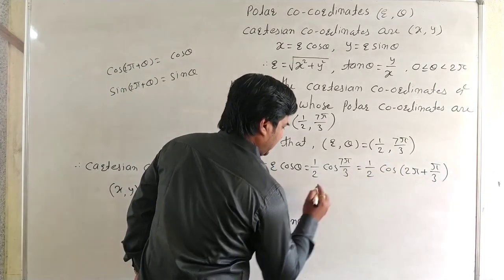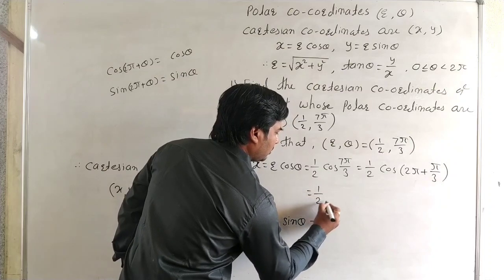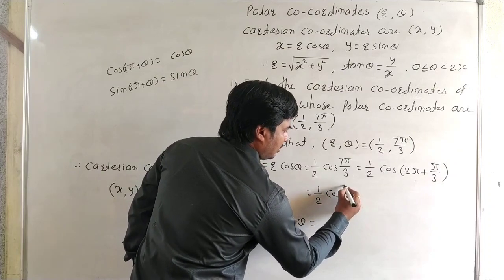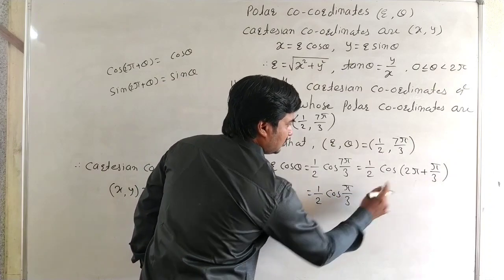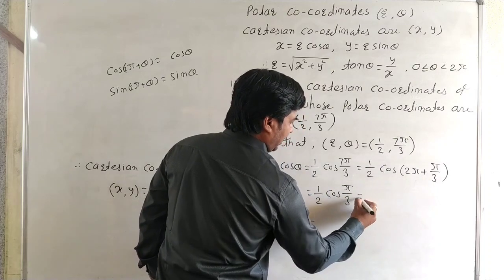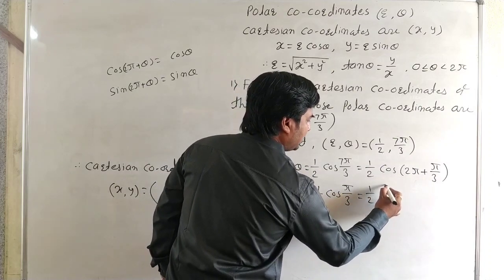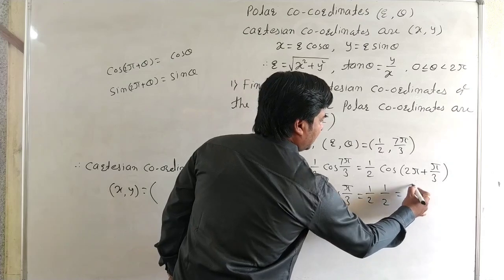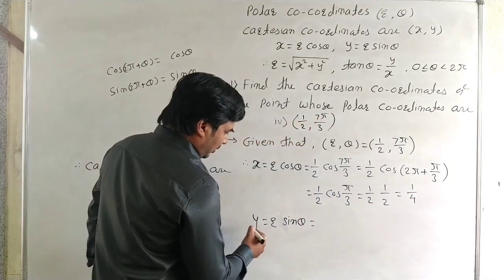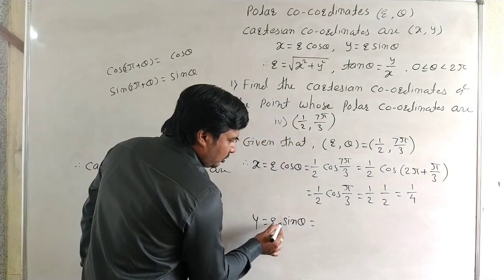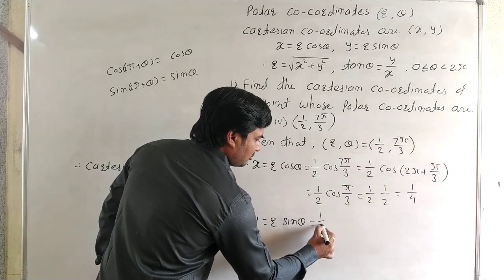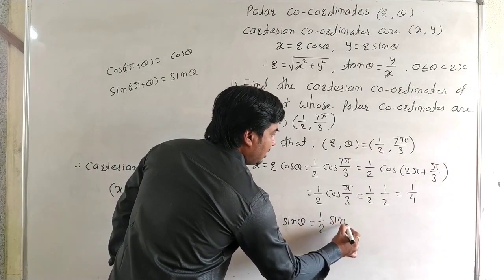Now here it is 1 by 2 cos pi by 3, and then 1 by 2 times 1 by 2, it is 1 by 4. Okay.